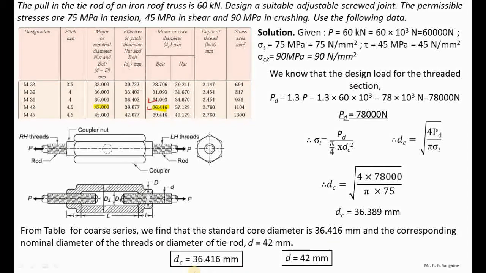Here we have calculated the dimensions of the threaded portion of the bolt, or the rod. It means that we have to select the standard size M42 bolt for the coupler nut for the design load of 78,000 Newton.